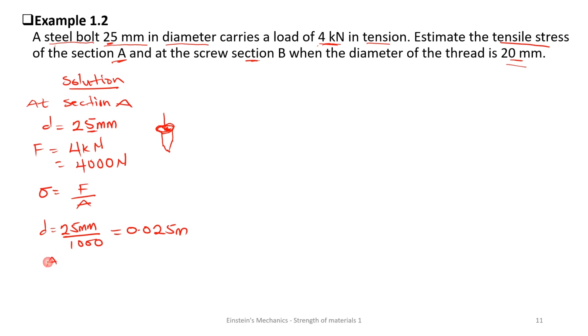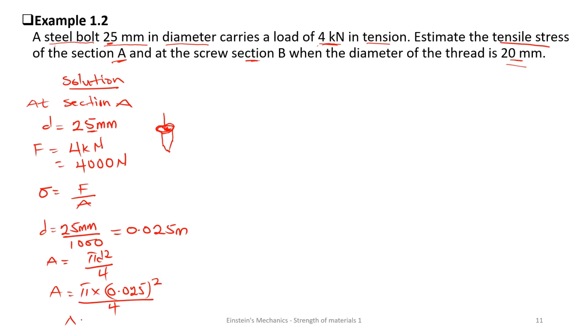So the area, connecting diameter, will be pi d square on 4. So at section A, my pi times my diameter of 0.025 all square over 4.